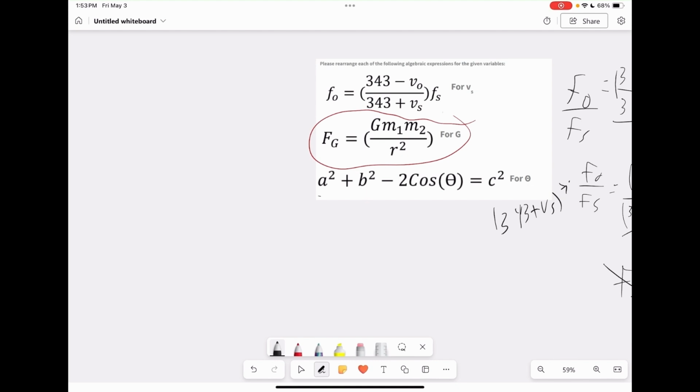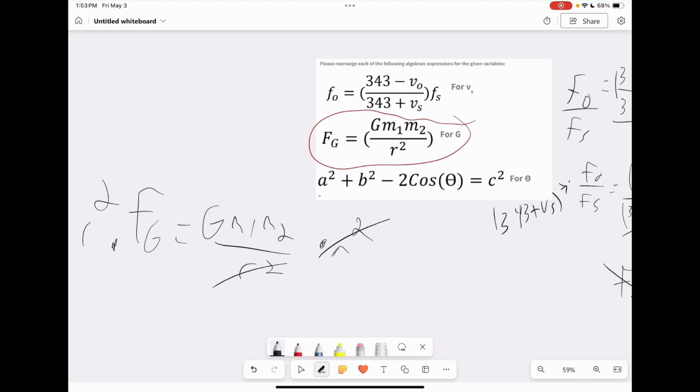Okay, so we get Fg equals Gm1m2 over r squared. I want to get this G by itself. We're going to multiply both sides by r squared. That kills the r squared over here, and we get an r squared up top over here. Then I have r squared Fg equals G m1 m2.